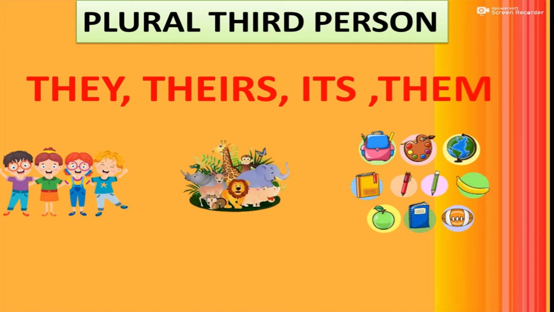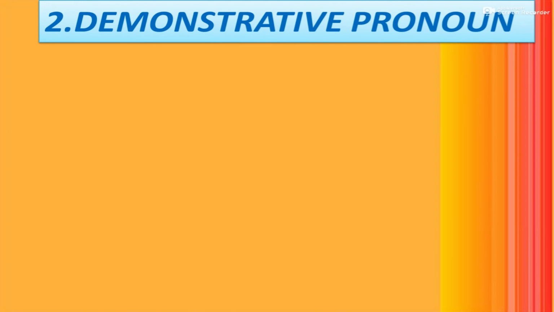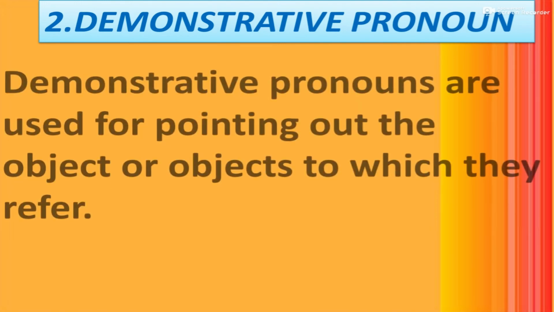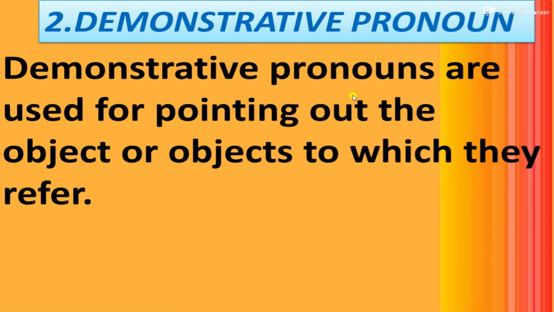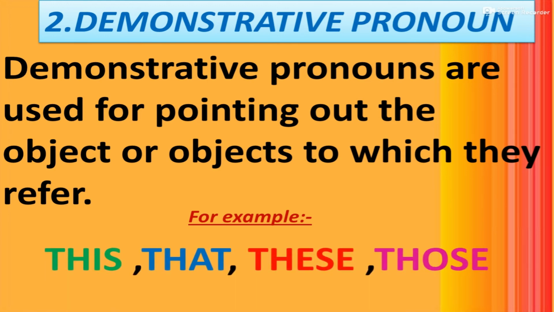Okay? Now the next pronoun, that is demonstrative pronoun. Demonstrative pronouns are used for pointing out the object or objects to which they refer. For example, this, that, these, those.